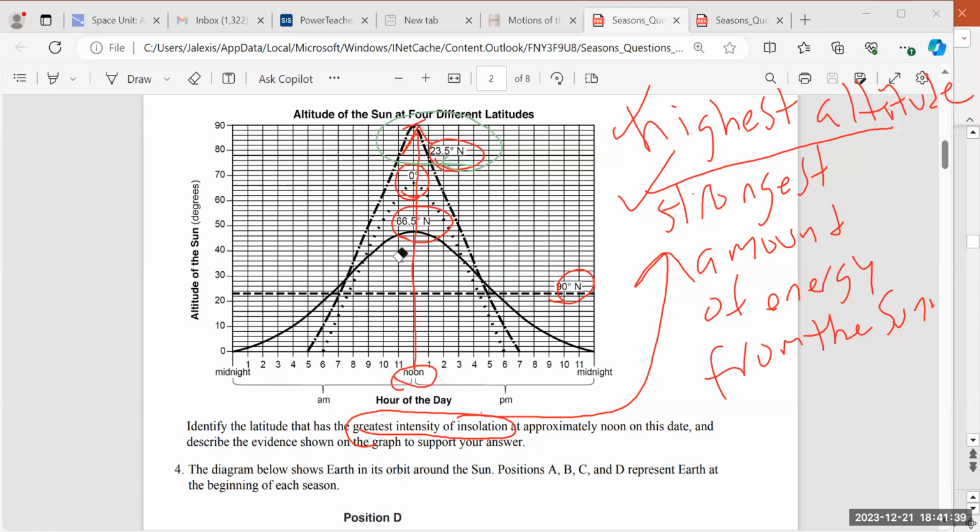Because if you take a look, 23.5 degrees north represents this line right here. And at noon, it reaches the maximum height right here. So that's why my answer has to be 23.5 degrees north.